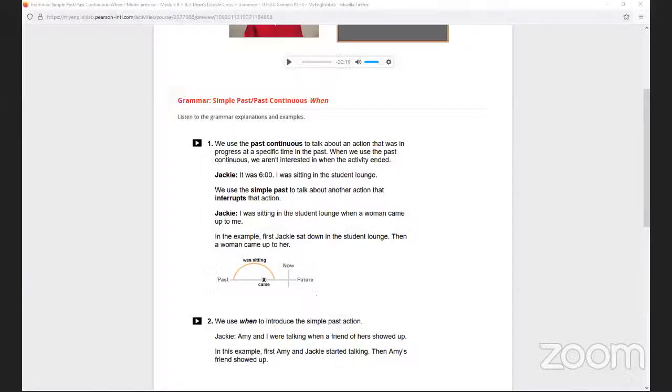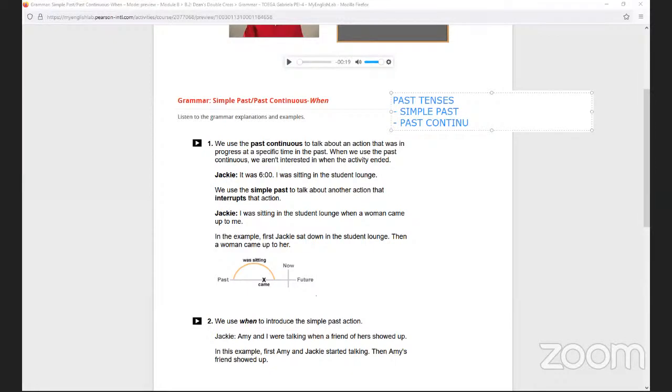Okay, so in this grammar, it says that, of course, when we talk about past tenses, we have the first one, the simple past, and the other, the past continuous.